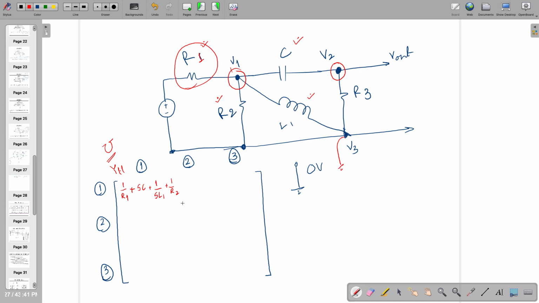Now let's go diagonally here and look at the second entry, which is y22. Y22 is the one when others are 0 but node 2 is positive, others are 0. So somebody can help me to write down this.